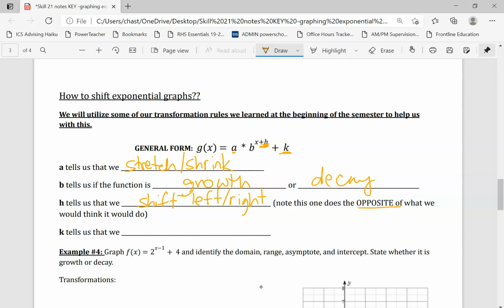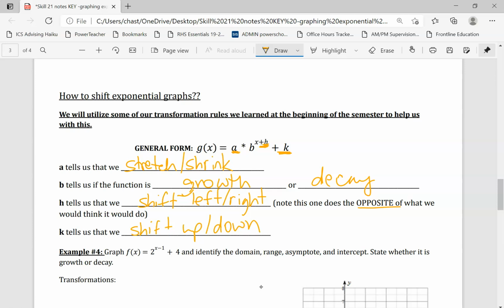Anyway, k value is going to tell us that you shift up or down. Okay, so our a value won't directly tell us the y-intercept, but if you take your a value plus your k value, then you'll get your y-intercept, okay?